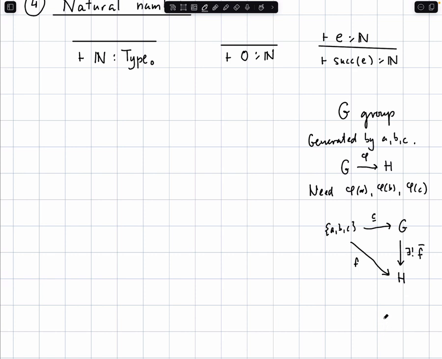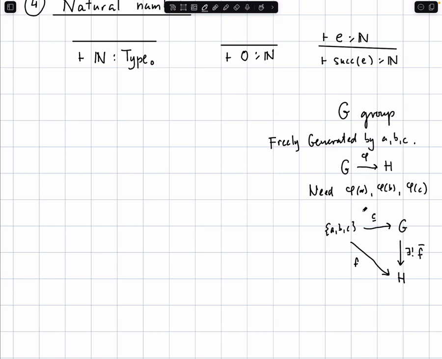That's the universal property of being generated. So this is free generation. So freely, let's be careful. Freely generated. If it's just generated, there could be some further equations that hold between A, B, and C, in which case this F would have to respect them. But I don't want to get into that. So let's think about what it means for a group to be freely generated by A, B, C.